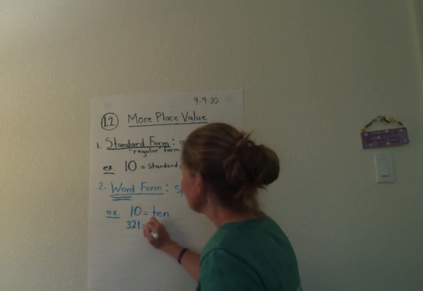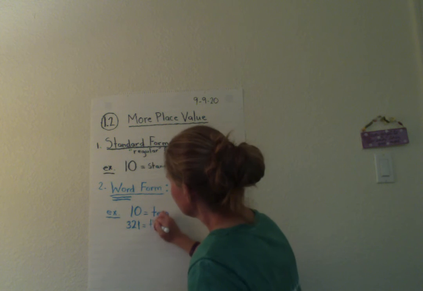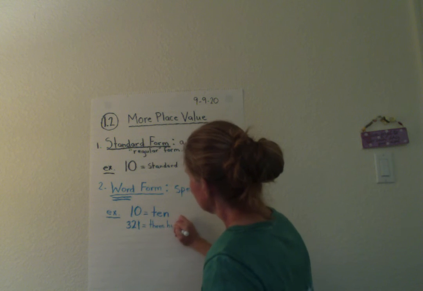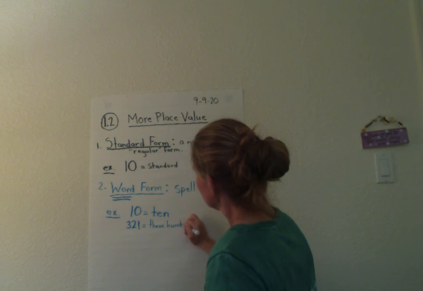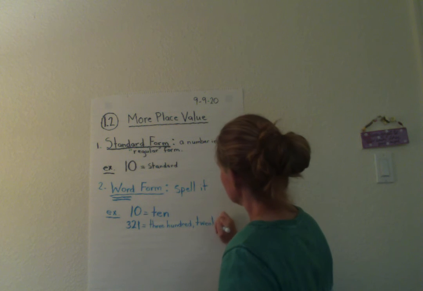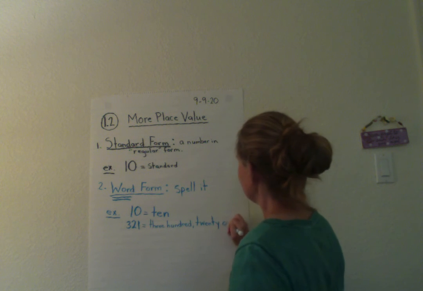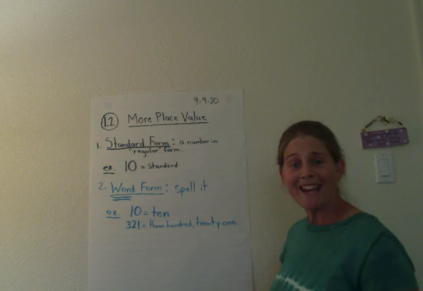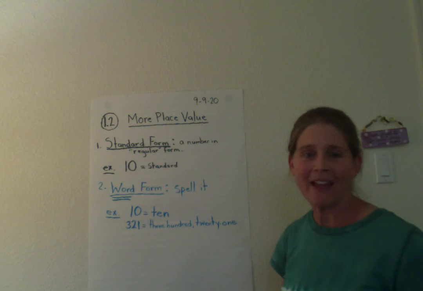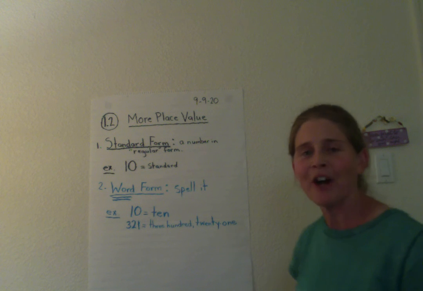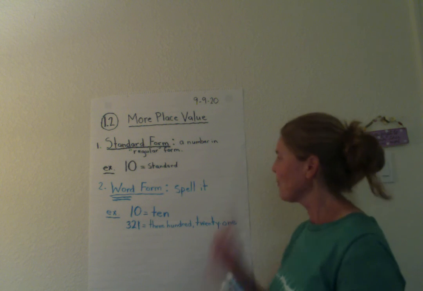So in word form, this looks like 300, comma, 21. A lot more writing than 10, isn't it? But that's word form. So that's our second word that we're going to be practicing in our math block this morning. Okay, we have one more.